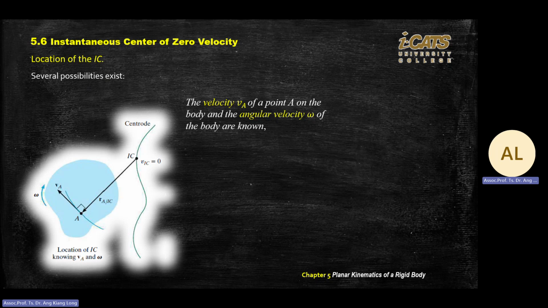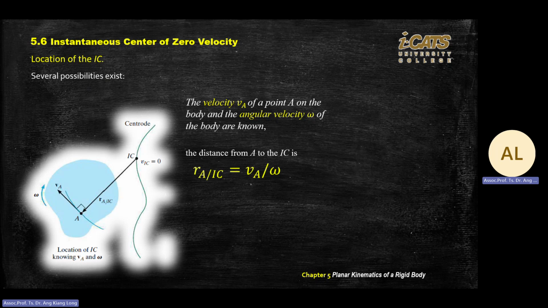The way it rotates, we are using the right hand rule. In this case, what you see on the screen here is pointing inside the screen. So the direction is inside the screen. If you convert into vector form, it will be negative omega k. Okay.